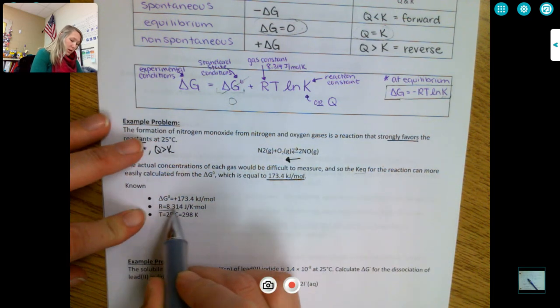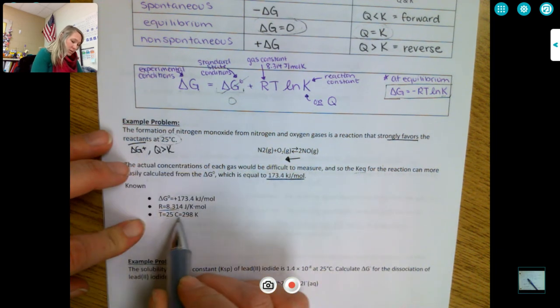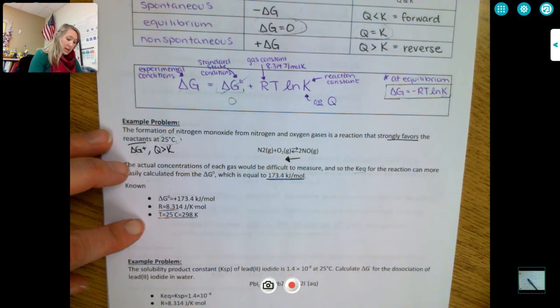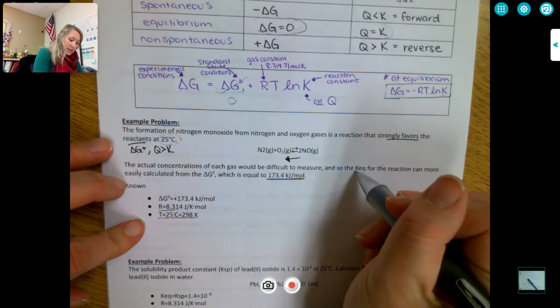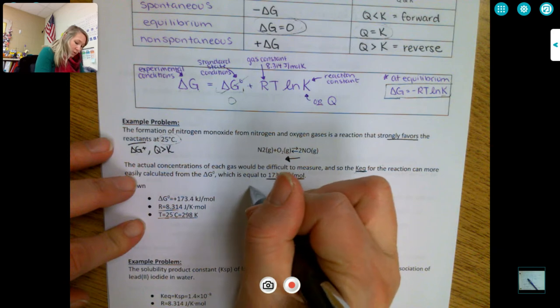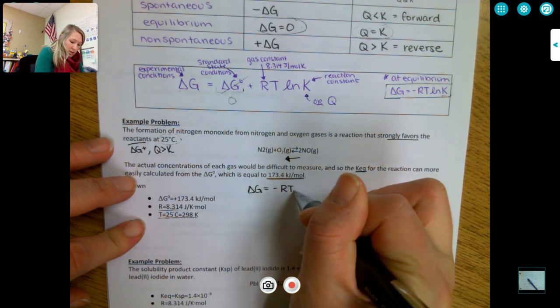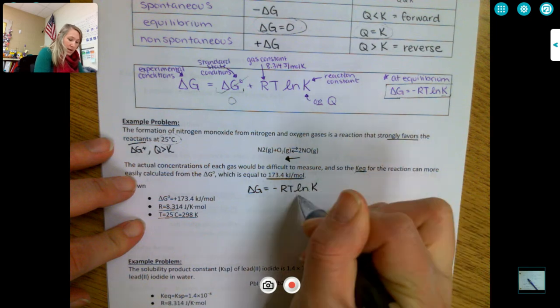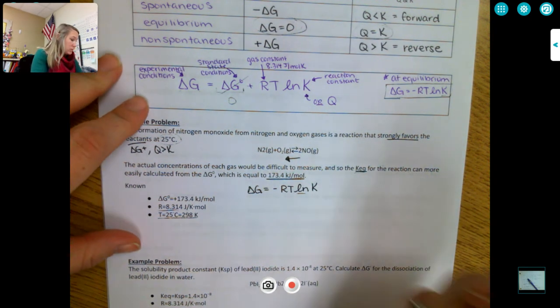We also know our R value, and we're told the temperature is 25 degrees Celsius, so we know our temperature in Kelvin. If I want to find my equilibrium constant, K eq, I can do that with the equation delta G equals negative RT ln of K. Now we're using the natural log, different than our regular logs.